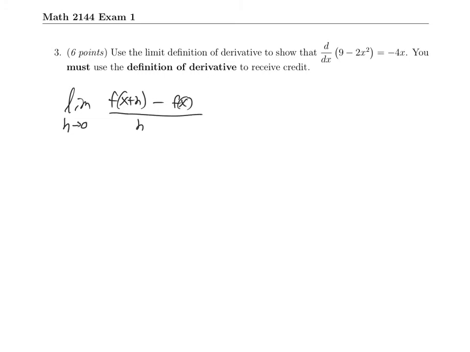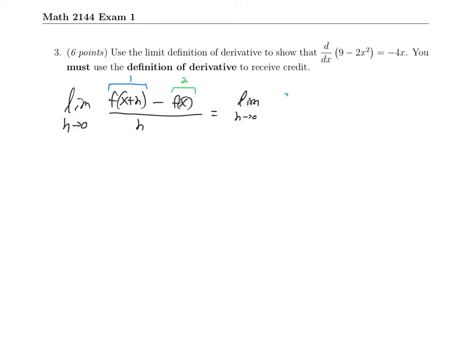The way I usually work this out is I'll break it up into two sections: one with f of x plus h, and the second one with f of x. When I start writing these out, I'm going to plug in my numbers. We have the limit as h approaches 0 of, here we have f of x plus h, so I'm going to replace all of my x's with x plus h's.